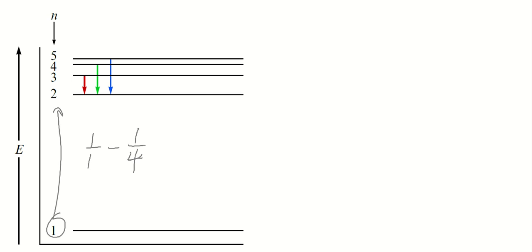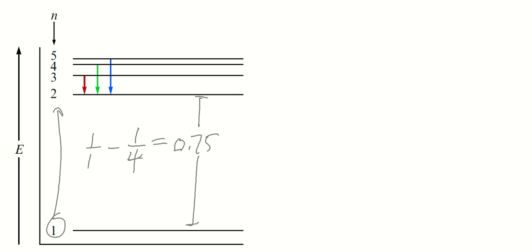I'm subtracting because I want to know the difference, and we're going to compare those differences. That's what the question is asking us to do. That's going to be 0.75 in arbitrary units. We're just comparing, so it doesn't matter. So that distance is 0.75.